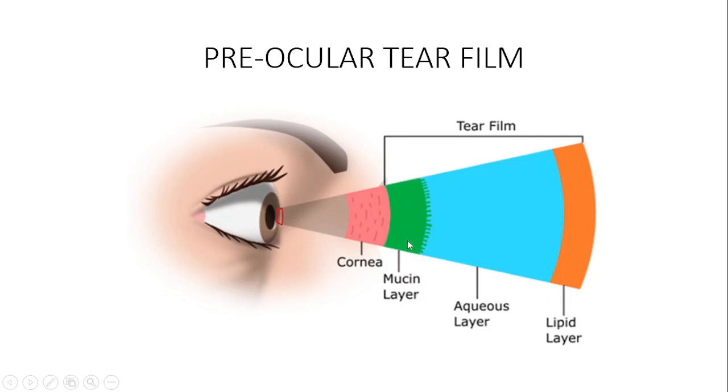We said in our previous lectures that the goblet cells are in their highest concentration at the infranasal part of the conjunctiva.